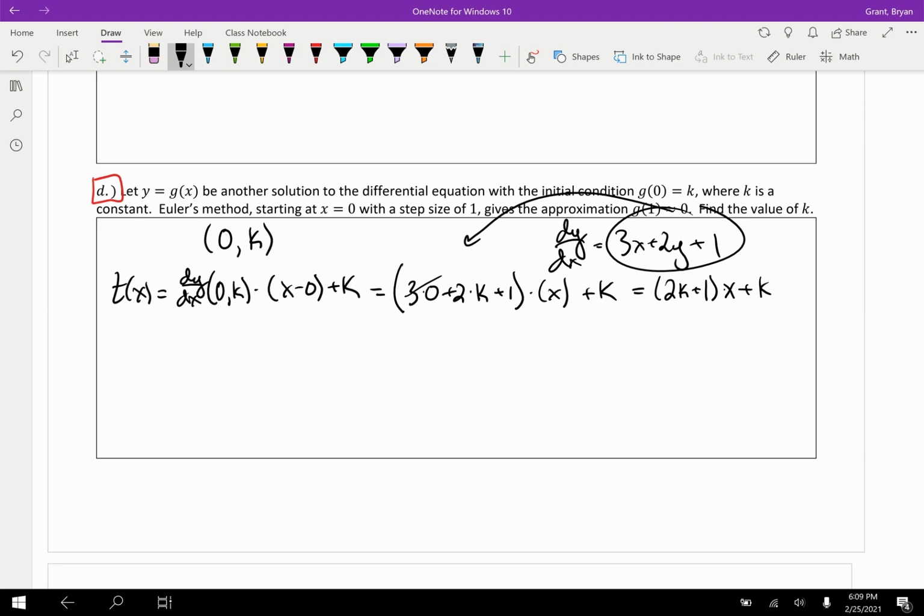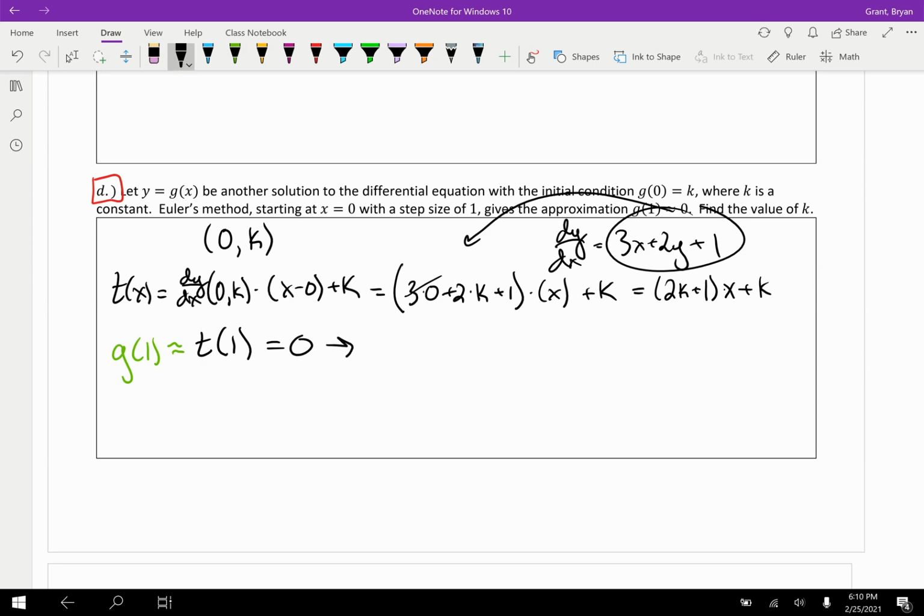There's my tangent line. Sure, we could clean it up further, but I don't want to. And they said we used this tangent line to approximate g of 1. All right, so g of 1 was approximated by my tangent line at 1, and that answer was 0. Right? They told us the answer was 0 here.